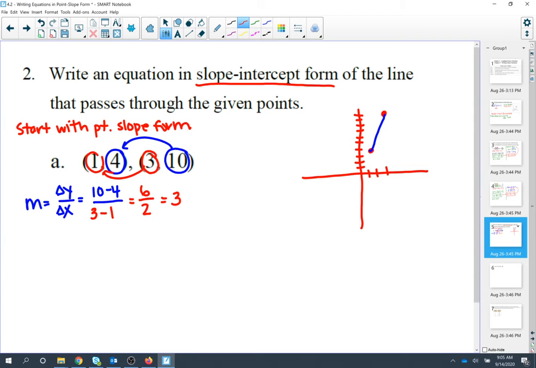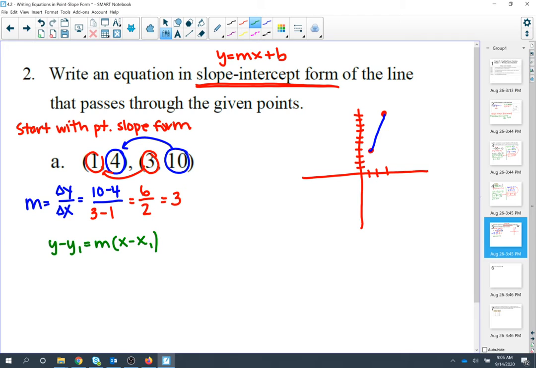Now, at this point, if I'm going for slope-intercept form, that's y equals mx plus b. I know what my slope is, so I know this is going to be 3x, but I don't know what my y-intercept is because it wasn't given. So I'm going to use point slope form, which is y minus y1 equals m times x minus x1.